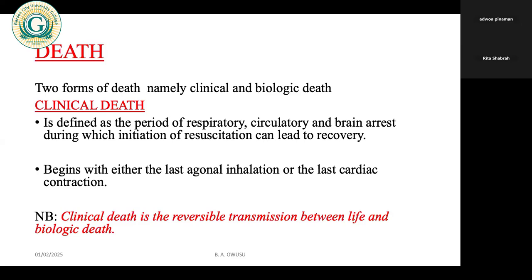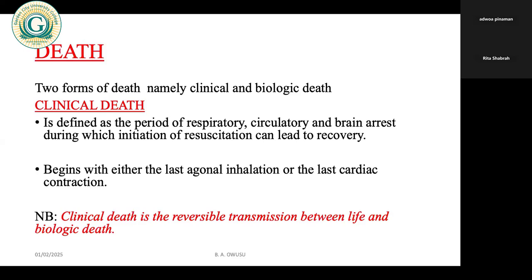They don't say this person is dead, so let's start chest compressions. It's only when they see those things that they say, okay, let's see if we can bring the person back from the clinical death. Usually they don't say, oh, this person is dead, let's do this. They start to do them before they even announce that the person is dead.